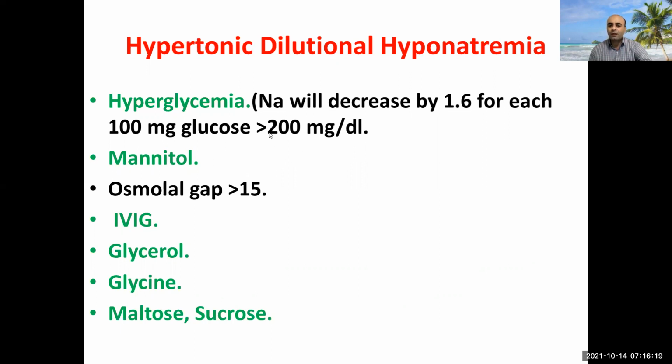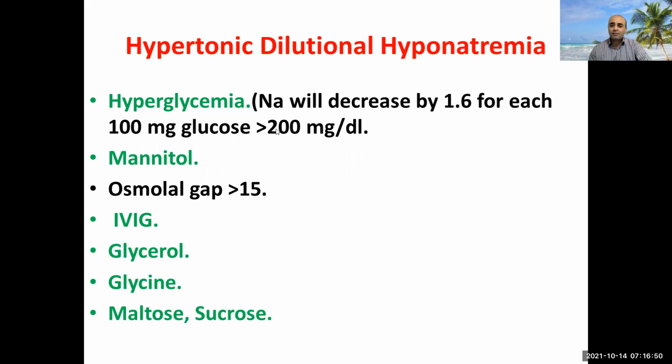If your baseline is 200, for each 100 increase above this 200 milligram per deciliter, your sodium should decrease 1.6 to 2 for each 100 above 200. Or if you measure by millimole, I think 1.6 to 2 millimole above 5 millimole per liter glucose. Whatever, this hyperglycemia, just your baseline by milligram per deciliter, this is common in our country.